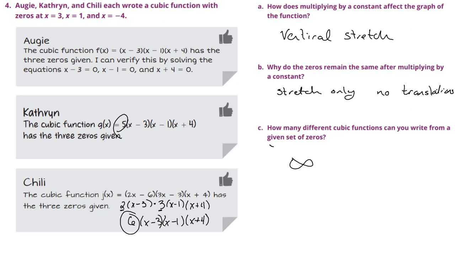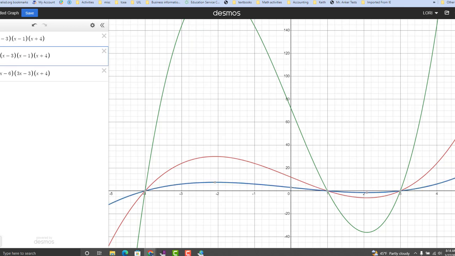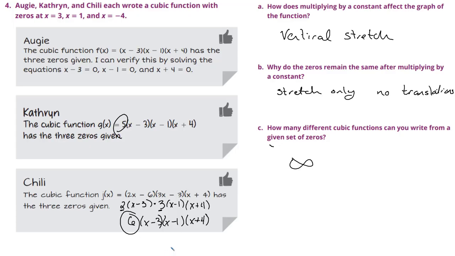And for me, I chose these three. And so that means this one has an x-intercept at -1, 1, and what is this x-intercept at? 1.